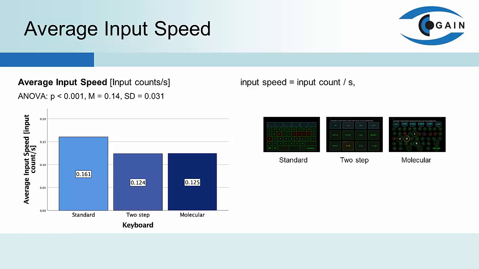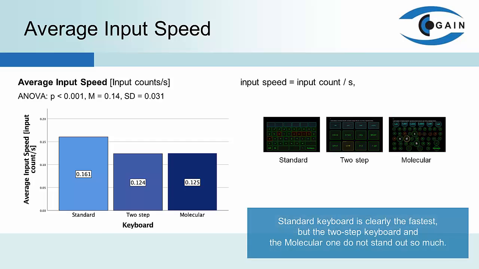Such defined average input rates for all gaze keyboard types are presented on this slide. The so-called standard keyboard is clearly fastest, but the two-step keyboard and the molecular one do not stand out so much.